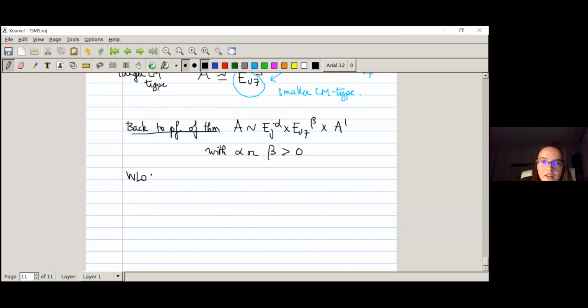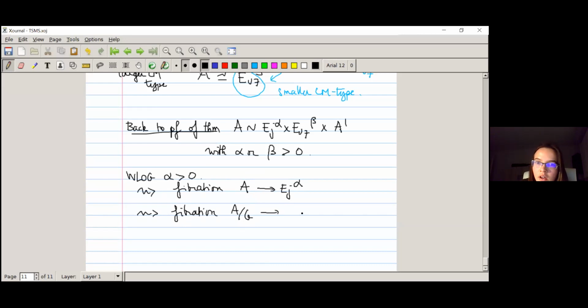So without loss of generality, we can assume alpha is positive. That gives us a fibration of A onto E_J^alpha. And if we're a little bit more careful, we get a fibration of A_J over A_J^alpha quotiented by J. So this is, in fact, J equivariant. And now we have a fibration like this.